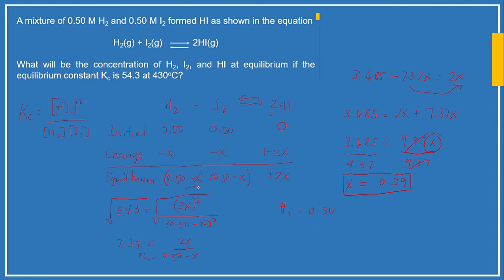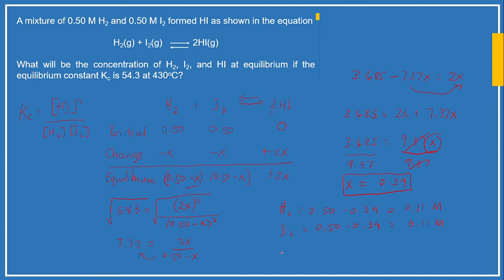So, minus natin ng x natin, which is 0.39. So, the answer here is 0.11 molar at equilibrium na sila. So, ganun din sa I2. Since pareho lang naman sila ng concentration ng H2. So, 0.50 minus 0.39 is equal to 0.11 molar din.